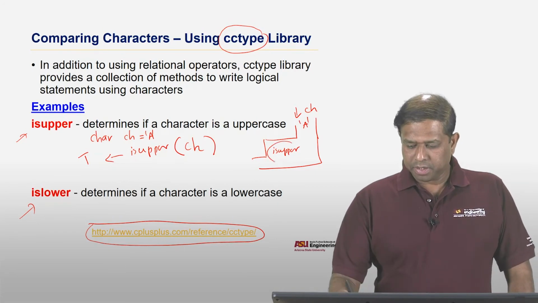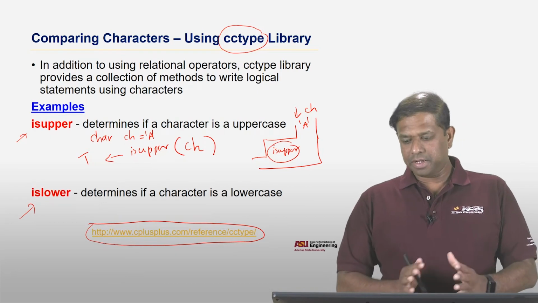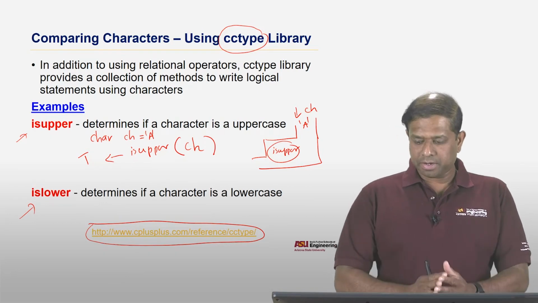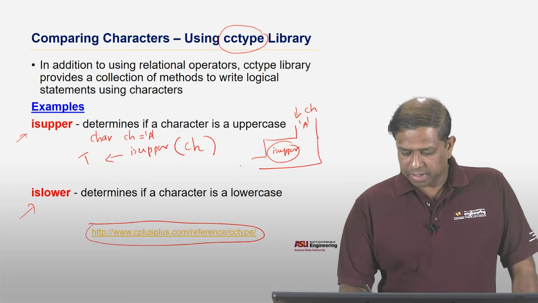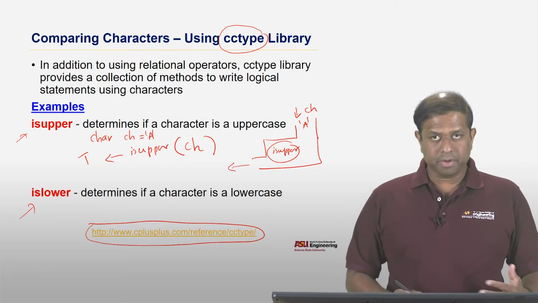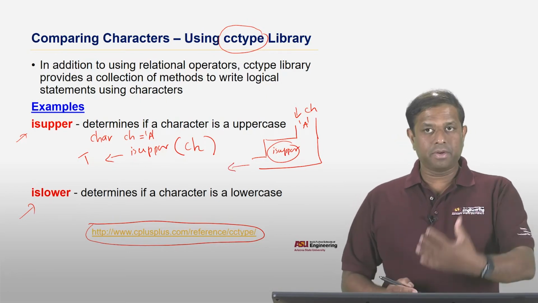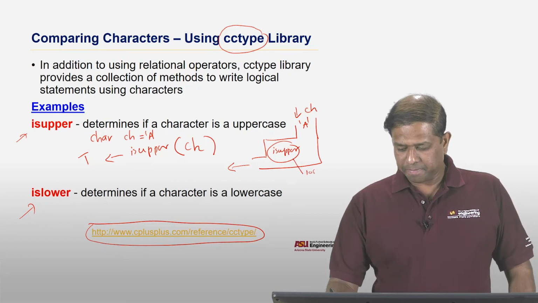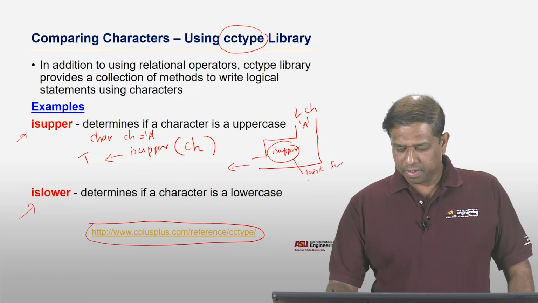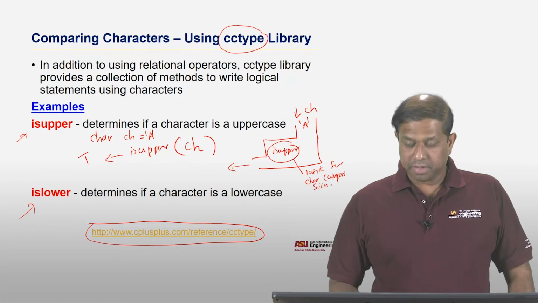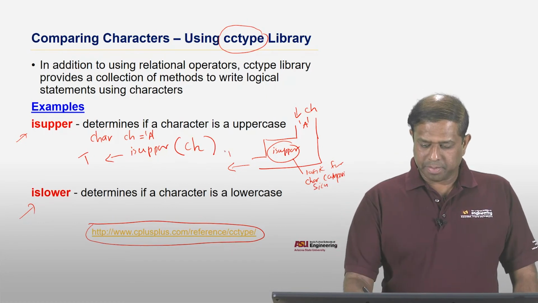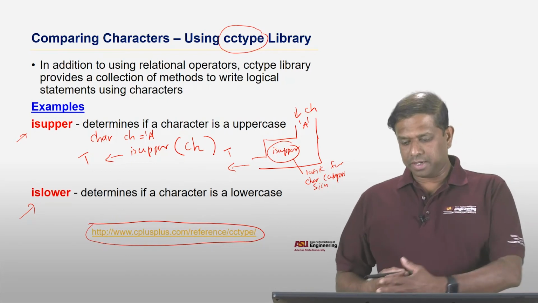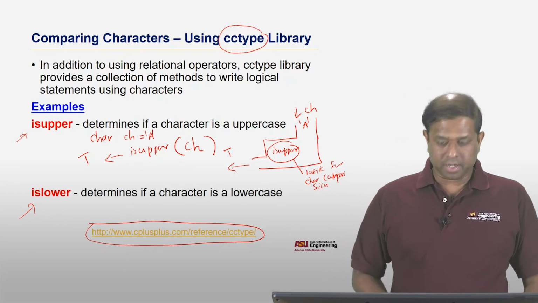Inside this box, we have the logic to determine whether this character is an uppercase character or not. After doing this comparison, this box is going to give us an output based on the computation that we do inside the box. All right, so this one has a logic for character comparison. Once you do this comparison, this is going to return either true or false. Since ch has uppercase A, this is going to return true.